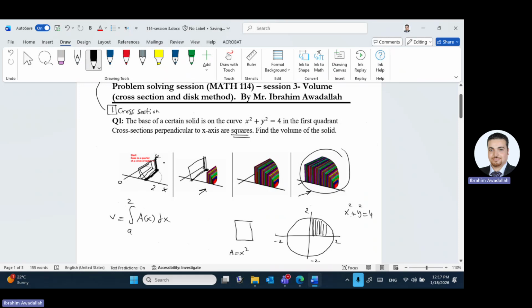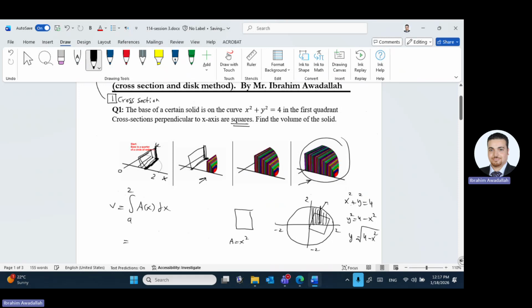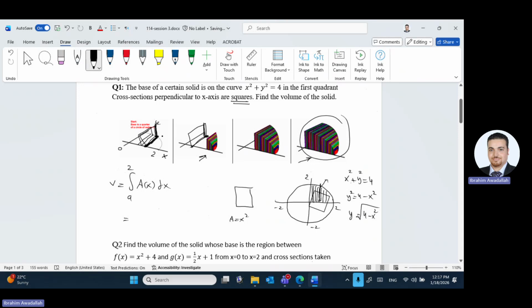From here, you see it's the highest, or it's y. So what's the value of y? y squared equals 4 minus x squared. So y alone equals the square root of 4 minus x squared. So my area will be this side times this side, so that means y times y, and the value of the side is the square root of 4 minus x squared.